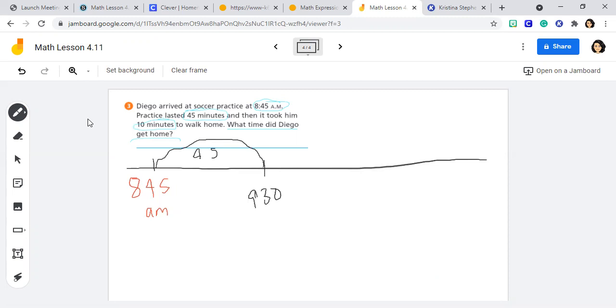And you can think of that from 8:45 to 9 o'clock is 15 minutes, and then 30 more minutes would be 9:30. Then it took him 10 minutes to walk home. 10 more minutes from 9:30 is 9:40. What time did Diego get home? He got home at 9:40. Don't forget your label. AM.